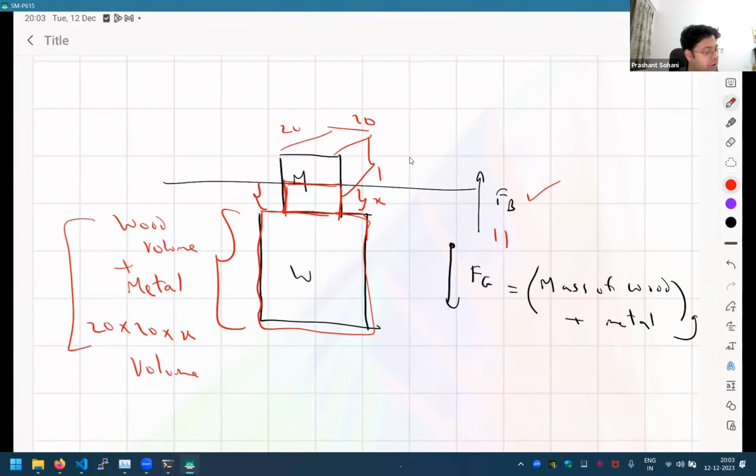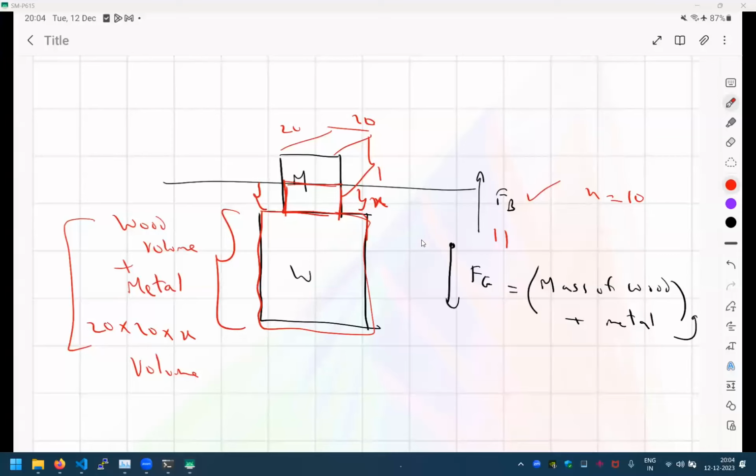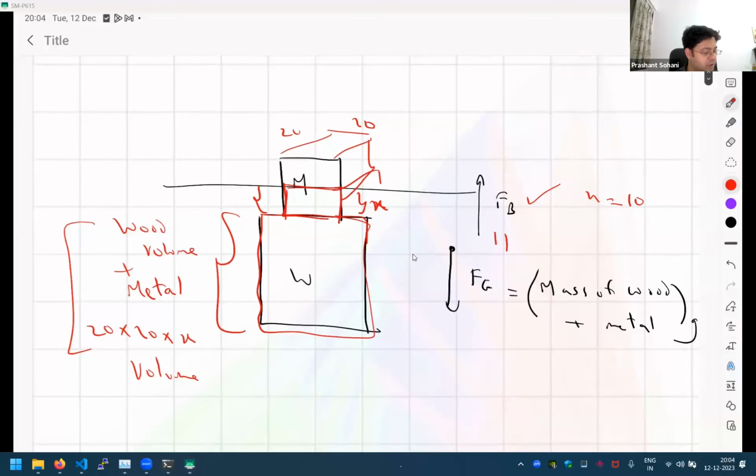When we equate the two, the only variable which remains is x, and we had found the value of x as, I think, 10. Therefore exactly half of the metal block was submerged. You can give it a try, and hopefully you will get the calculations. If you get stuck, you can ask somebody to explain.